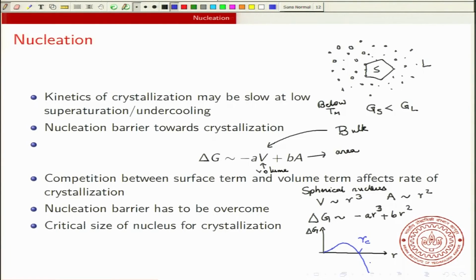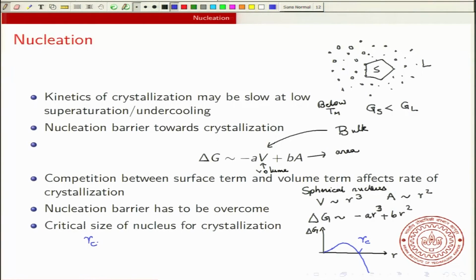And this phenomenon is called nucleation, because you have to nucleate a crystal that is at least RC. So RC is the critical size of the nucleus for crystallization. Until you grow a critical nucleus of size RC, your crystallization will be very slow, it will not be favorable. Once you grow greater than RC, then the crystallization will be very rapid.